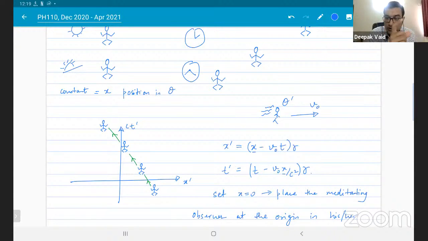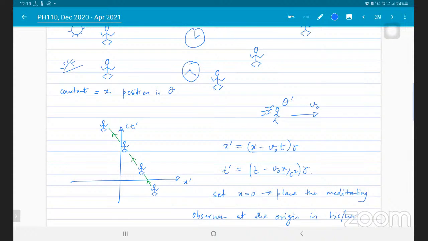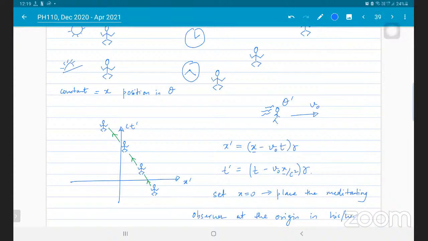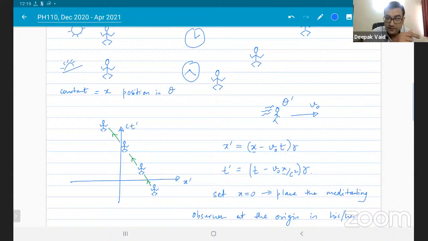The relative motion along the x direction is independent of the relative motion along the y direction, and independent of the relative motion along the z direction. So if you make this assumption of independence of direction, then you have to make this.